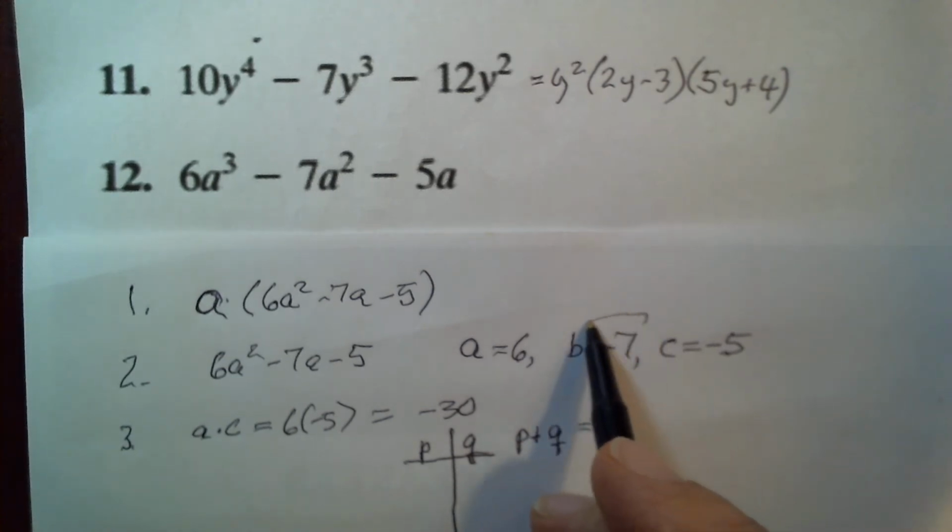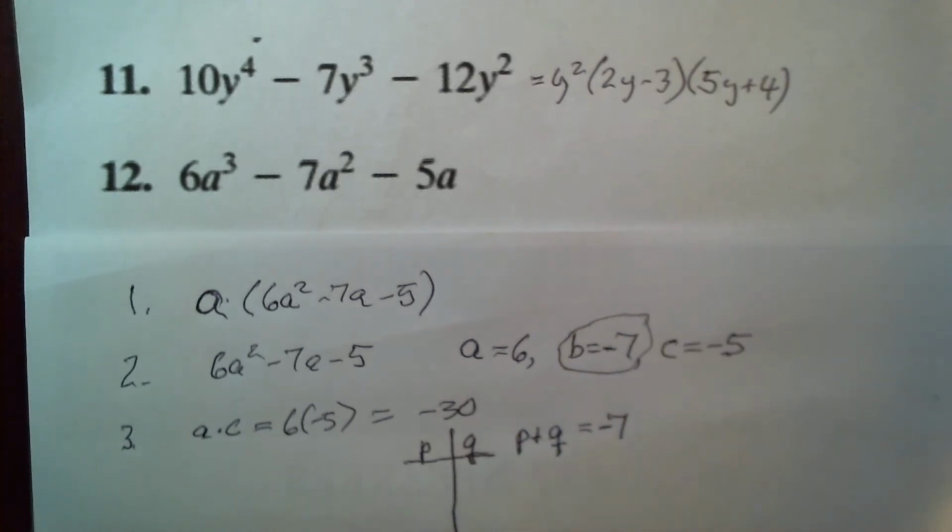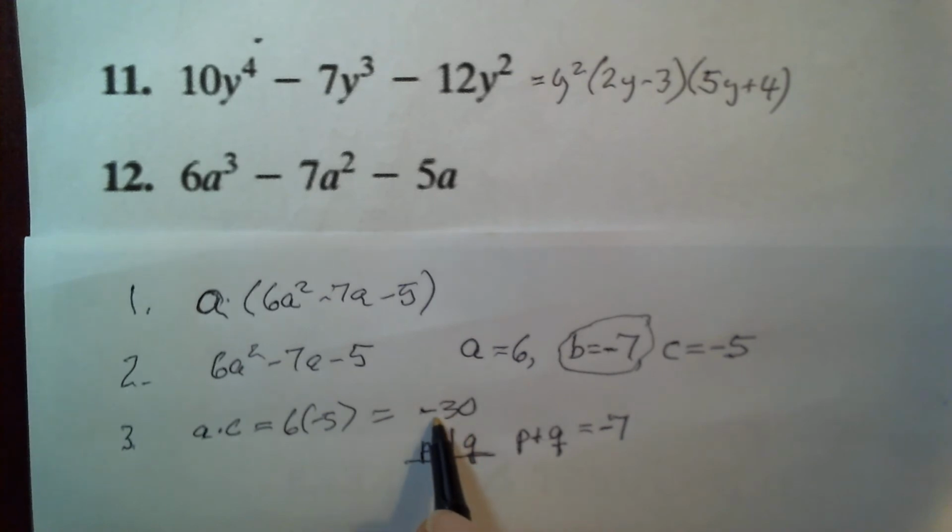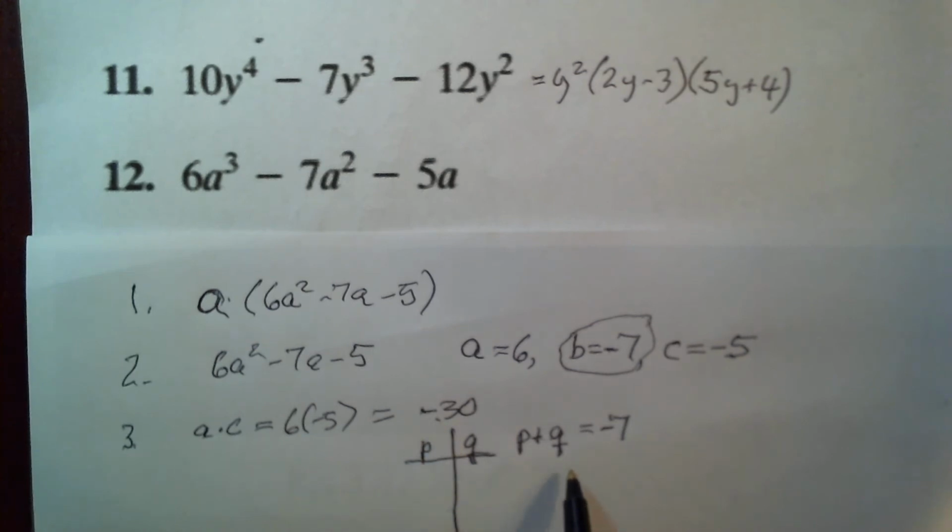Okay, the sum has to equal b. So how can we factor minus 30? Again, it implies that the factors have opposite signs, so the product will be negative. And because the sum is negative, that means that the negative factor has to be greater than the positive factor.